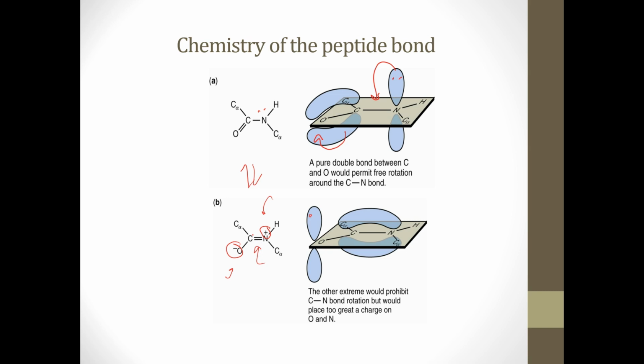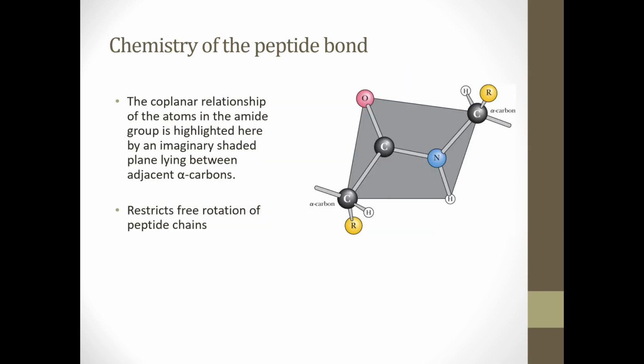And that character leads to this plane to which I referred. Notice that the carbon, nitrogen, alpha carbon, oxygen, and hydrogen are all in a planar system, also drawn like this.